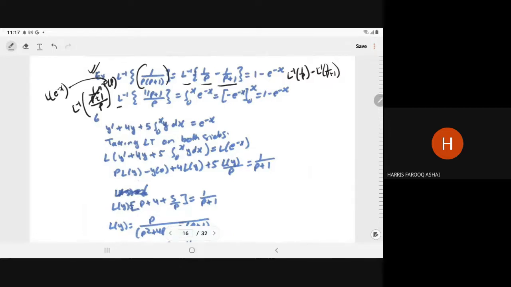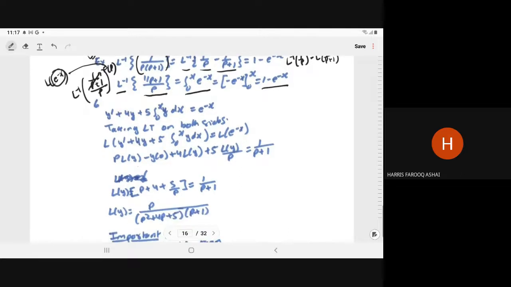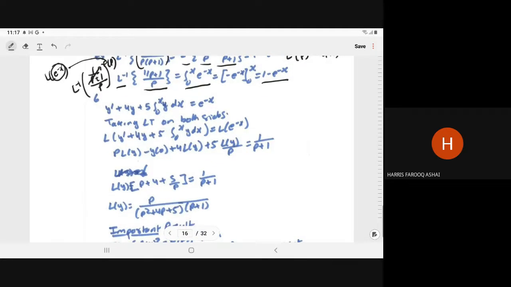So its answer will be integral 0 to x of e to power minus x, because f(x) is e to power minus x. When we integrate, it will give the same result, 1 minus e to power minus x. So in this way, we can take the Laplace transform of the integral also.